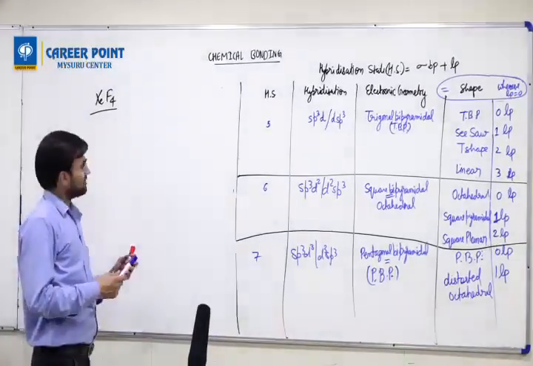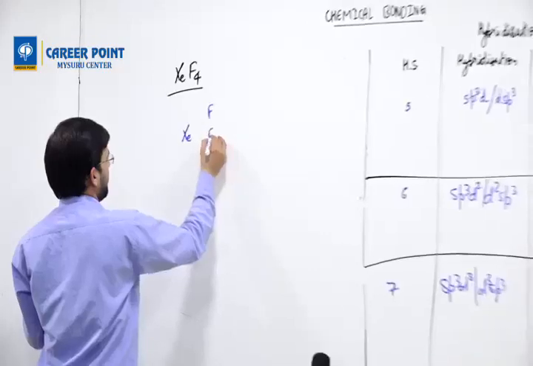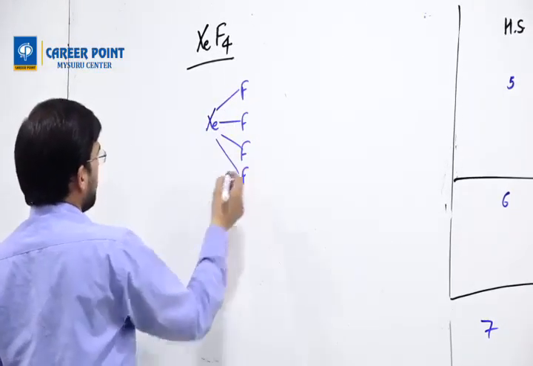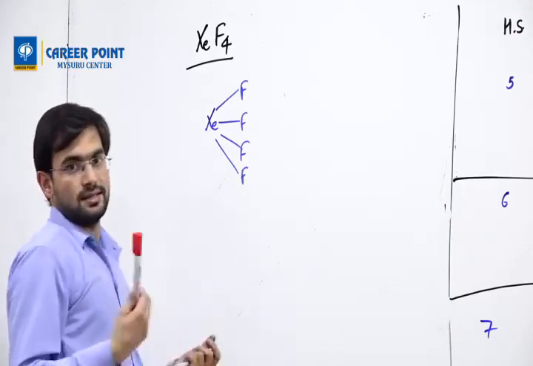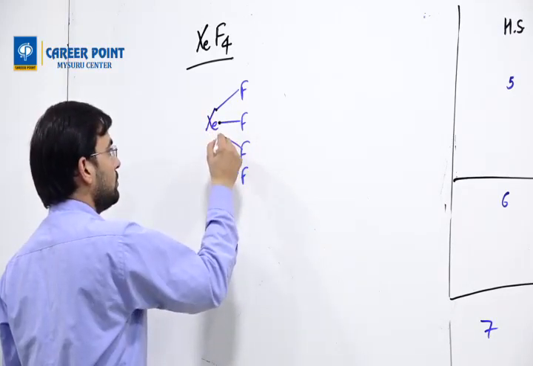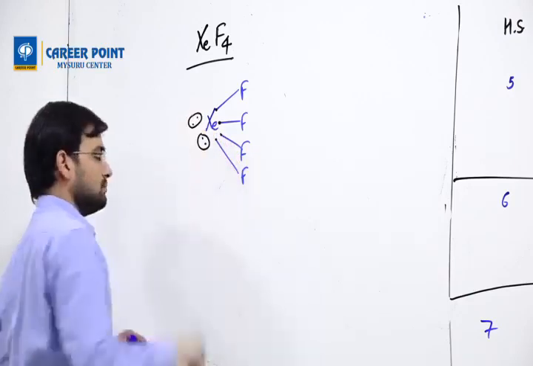Okay, so I'll solve this question now also. Xenon, F, F, F and F. 1, 2, 3, 4. Fluorine valency is 1. Then xenon has valence electrons 1, 2, 3, 4, 5, 6, 7, 8.